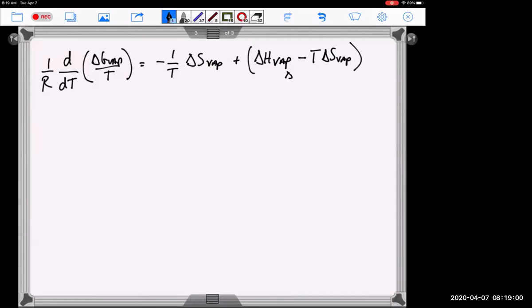So that's the delta G of vaporization term times minus 1 over T squared, right? So that was the total term if we make that substitution.